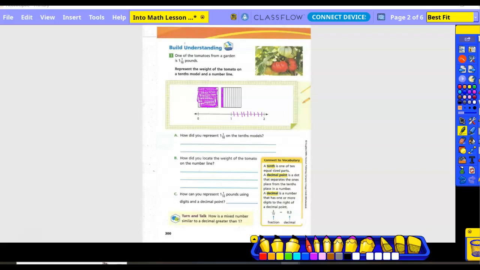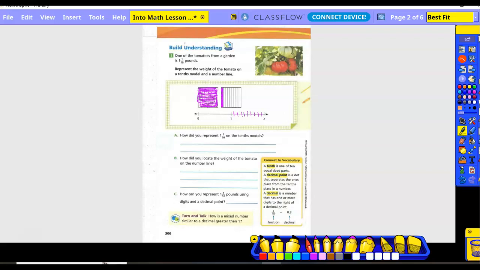Now guys, I said 10 tick marks, okay? Is there actually 10 lines that I drew? No, because here would be 1, 2, 3, 4, 5, 6, 7, 8, 9, 10. And my 10th one lands on 2, correct?